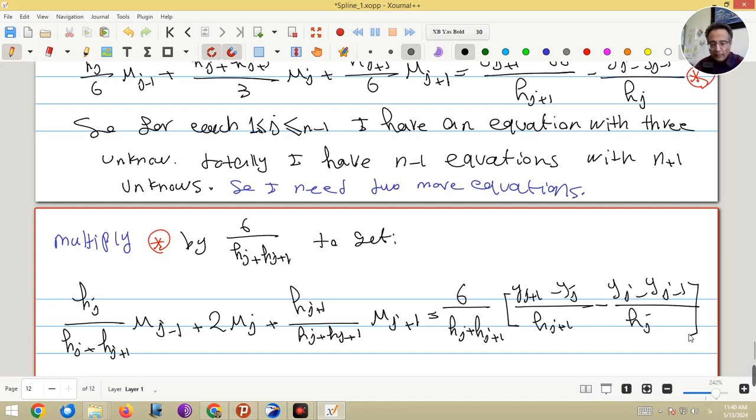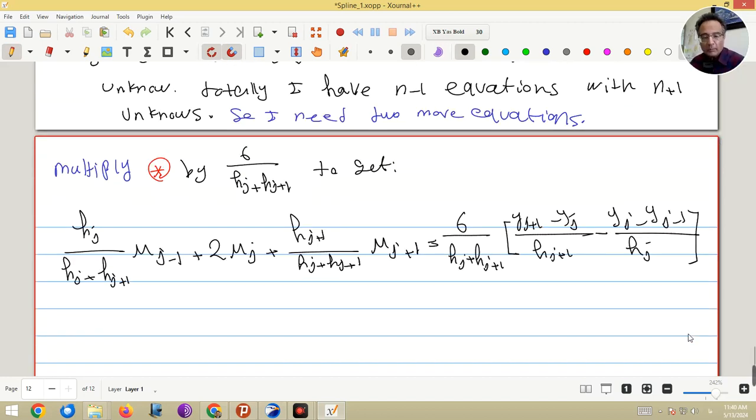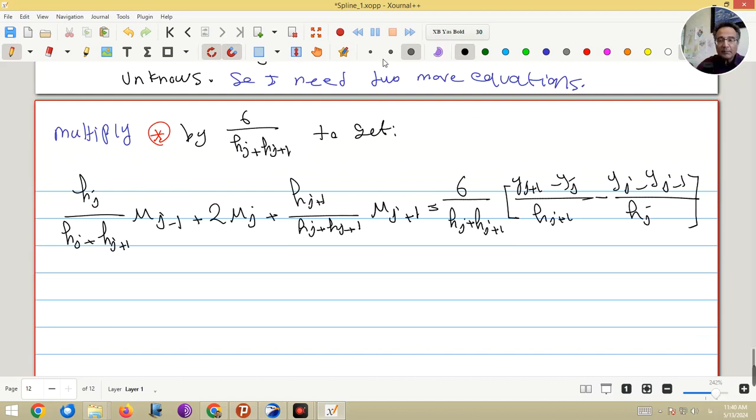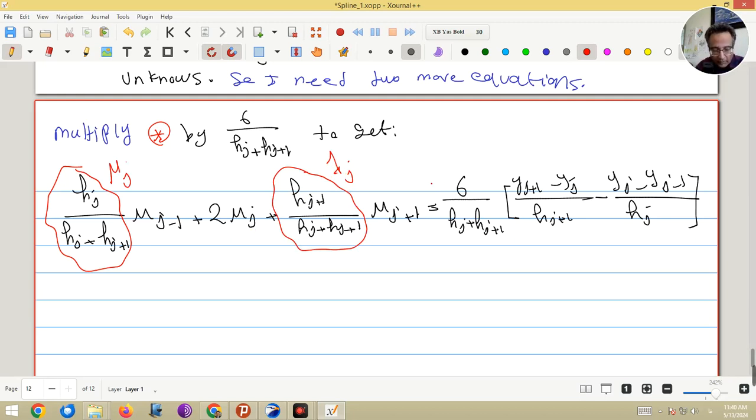Now let me introduce some notation. Let me consider this part as mu_j, and this one as lambda_j, and let me consider all of this part as d_j.